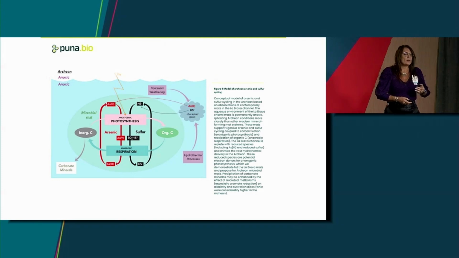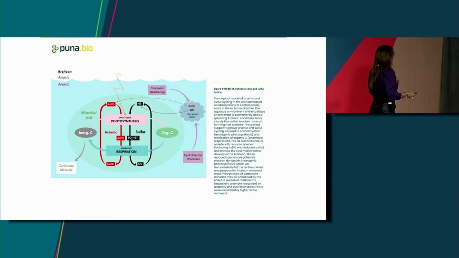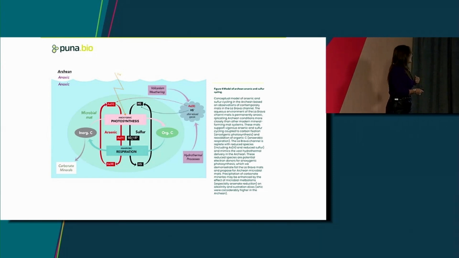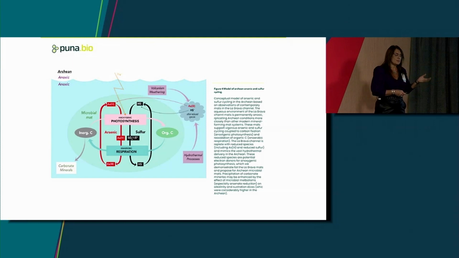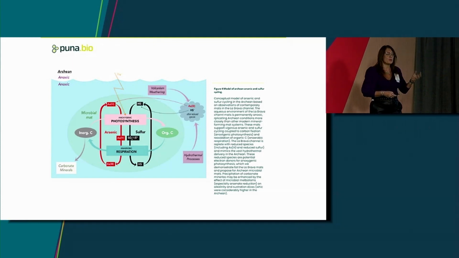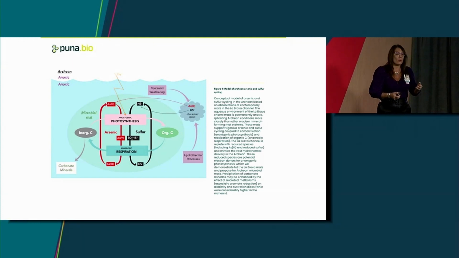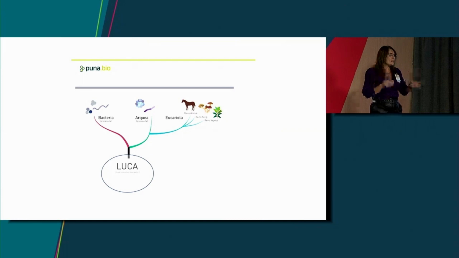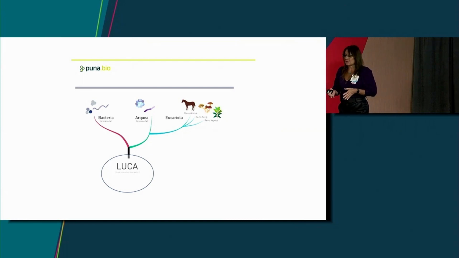In that way, we propose this early Earth photosynthetic system that uses arsenic and sulfur to precipitate calcium carbonate and produce organic matter. So what we have found in the Andes was LUCA. LUCA is the last universal common ancestor.